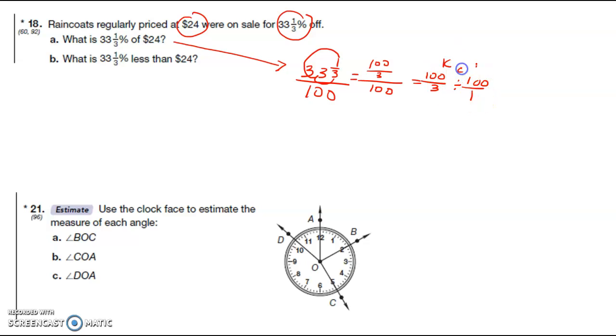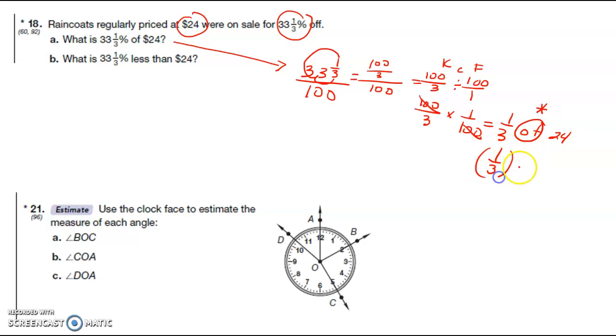So I keep, change, flip, and I get 1/3. So I want 1/3 of 24. And we know that "of" is one of those magic words in math that means multiply. So 1/3 times 24 over 1 is 24 divided by 3, which is 8. So this is my answer to A.